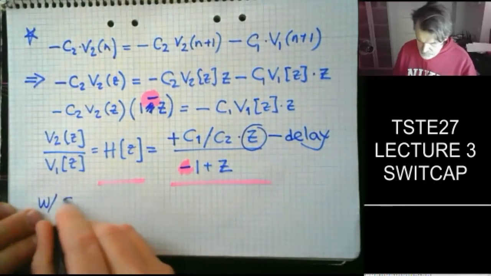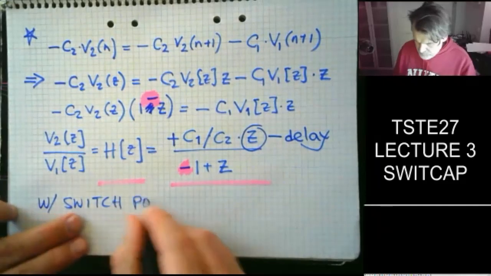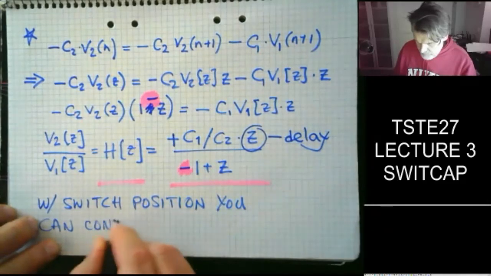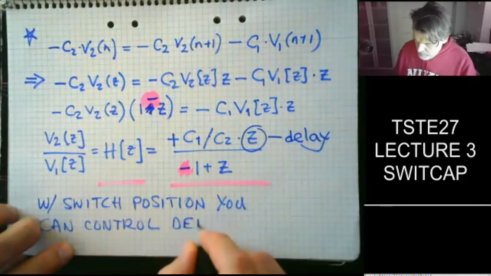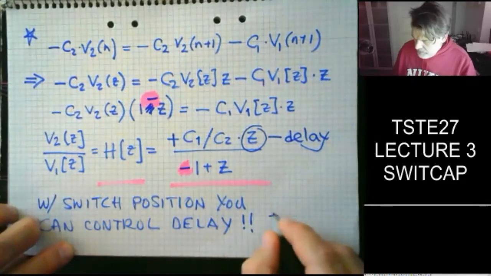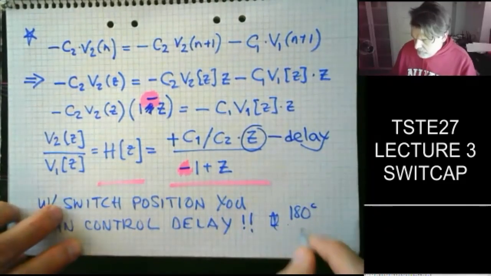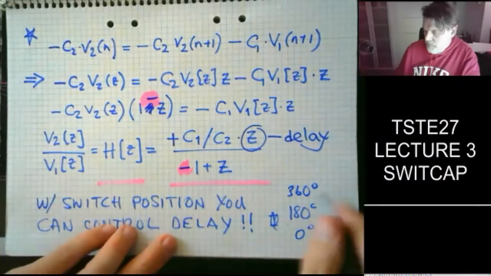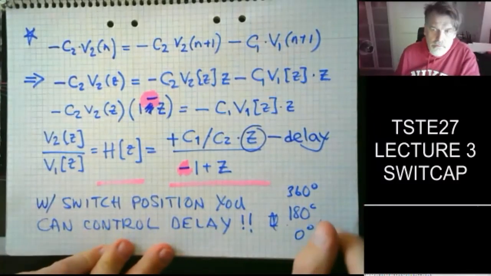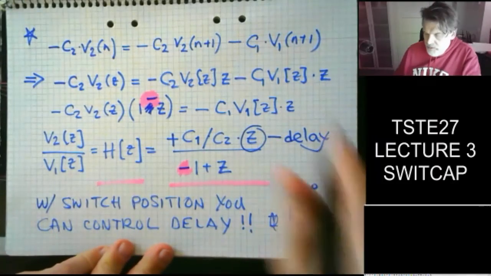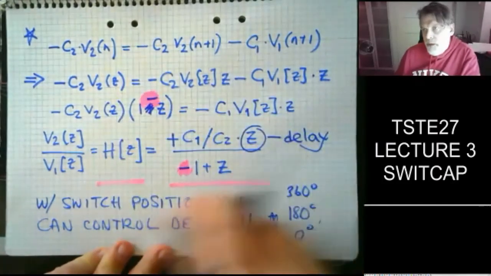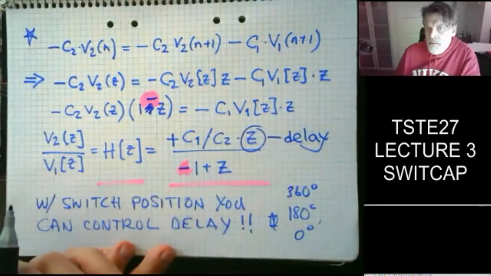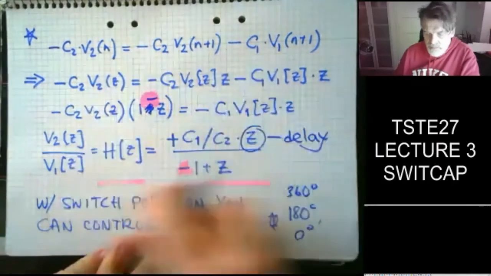So with switch positions, you can control delay: plus minus 180 degrees or 0 degrees, or say 360 degrees for that sake, a delay of 1/2 or 1 complete clock cycle. So that's quite handy. If you're going to use this in a loop where you need negative feedback, you can just flip the switches one phase, and then you more or less invert the signal in the signal processing sense.